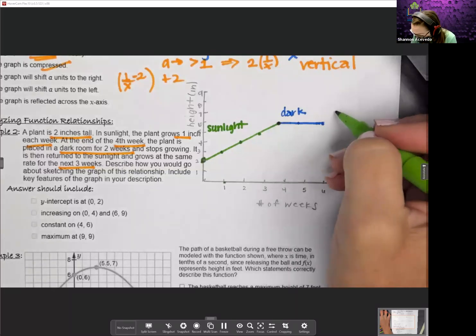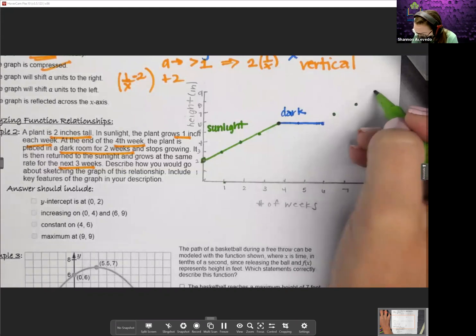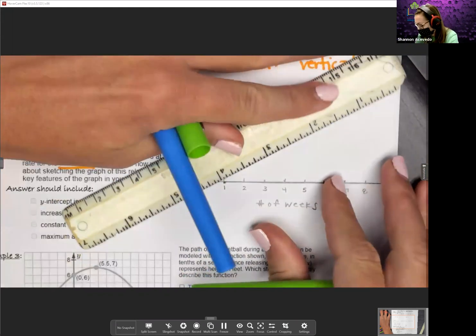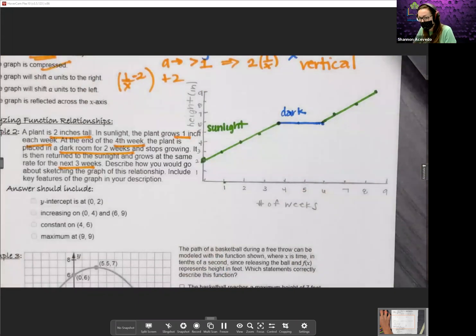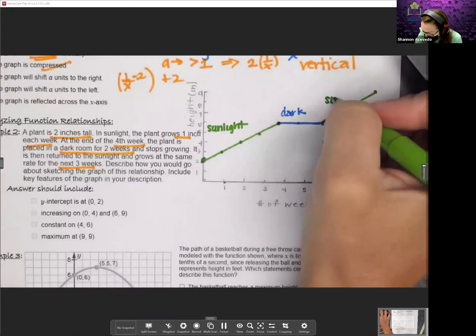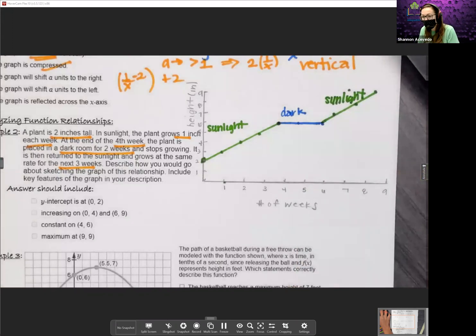So it's going to grow another inch, another inch, and another inch. And you can see, when we're back in the sunlight, it's going to grow.